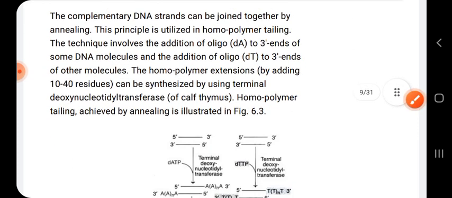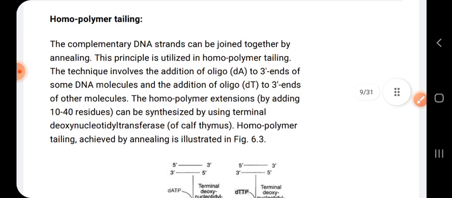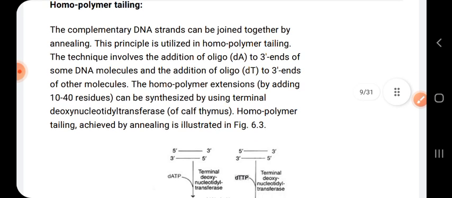Next is homopolymer tailing. For homopolymer tailing, we need the terminal deoxynucleotide transferase enzyme.